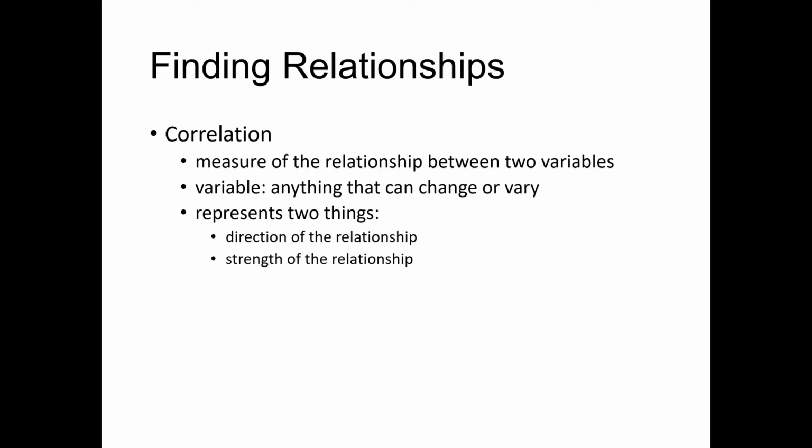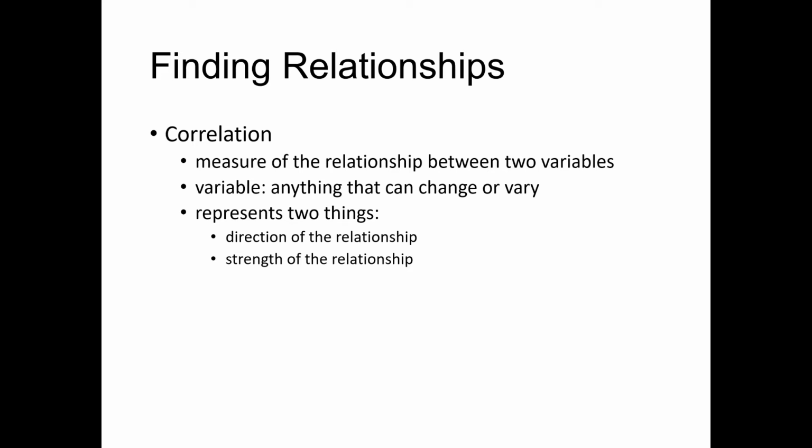So after we collect our data, one thing we could look at is what kind of relationship there is between two constructs or variables that were measured in the study. Variables are basically anything that can change or vary between participants. So our shoe size or height or levels of depression, they all can be considered a variable.